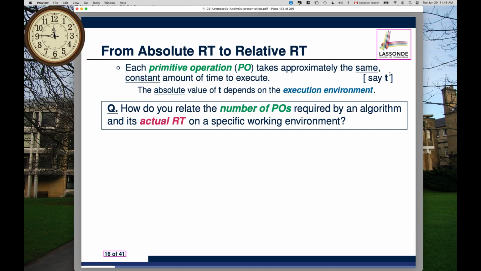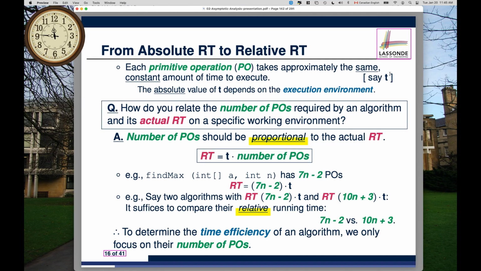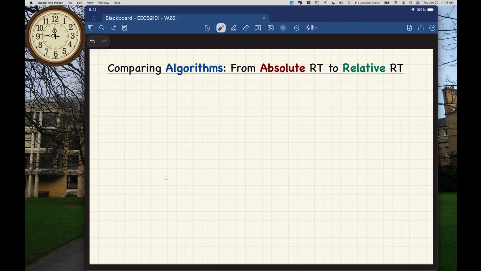We're asking, if I know the number of primitive operations, let's say 7n minus 2 in that find max example, given this, how do we know its absolute running time on a particular platform? And the follow-up question is, is it really necessary to know the absolute running time? That's something we want to think about. You can read the rest, but I'm going to build it up to make it more precise for you.